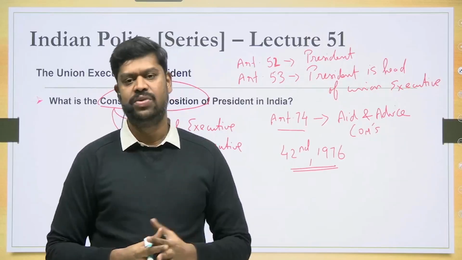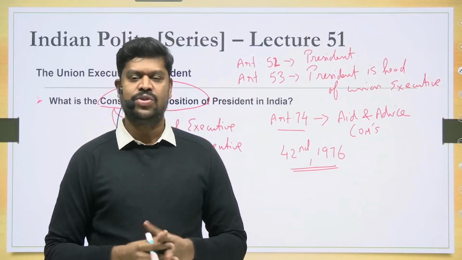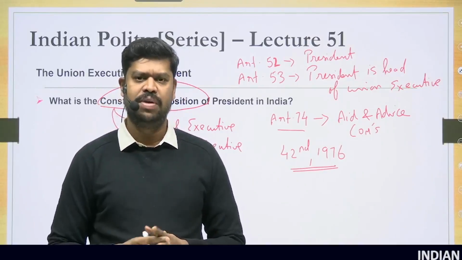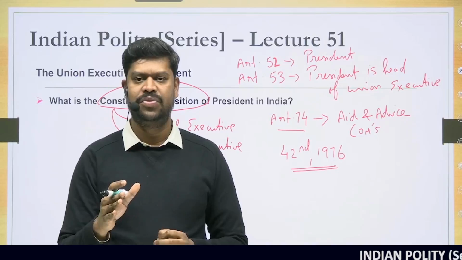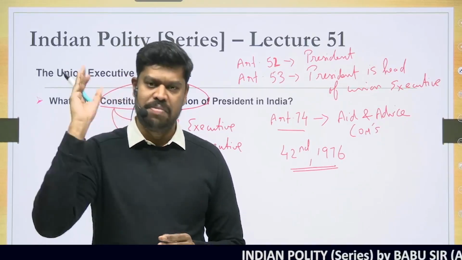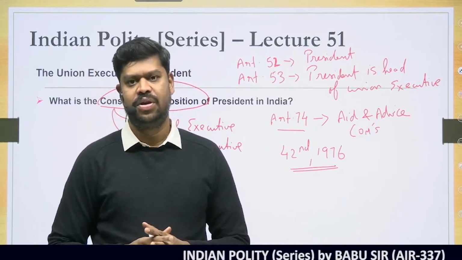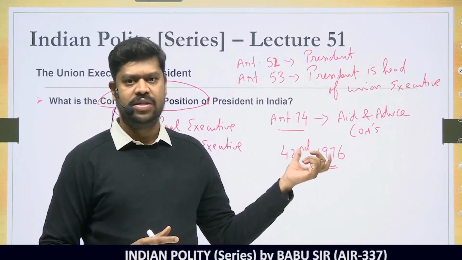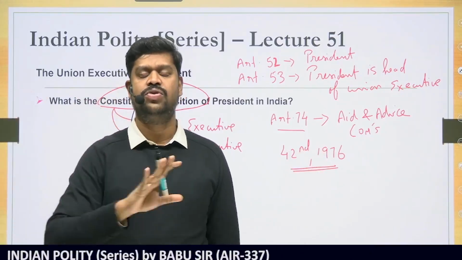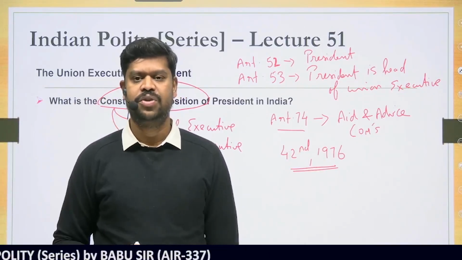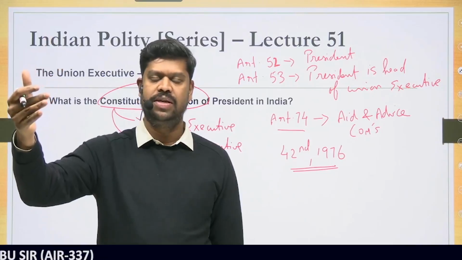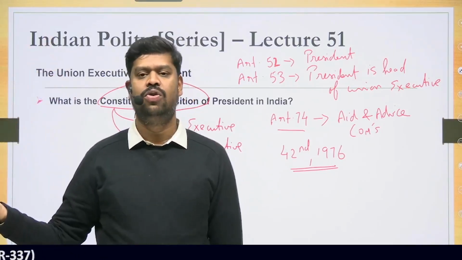Through that constitutional amendment, it was categorically made clear that whatever aid and advice is given by the Council of Ministers is binding upon the President. To that extent, changes were made in Article 74 of the Constitution, that the President shall act in accordance with the aid and advice of the Council of Ministers. So what was held by the Supreme Court in 1974 in the Shamsher Singh case was explicitly brought into the Constitution.